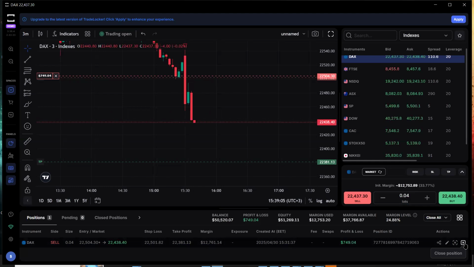Okay, we've got nice momentum on price. With this momentum, I think we are going to take a full 2% on this trade.